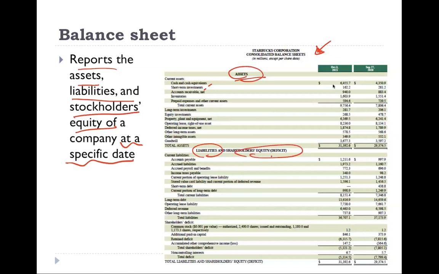Specifically, it discloses the balances for those accounts at specific points in time, for example, October 3rd, 2021, and September 27th, 2020. So those are specific points in time. What are the balances for those asset, liability, and stockholders' equity accounts? This is a balance sheet and how it looks.